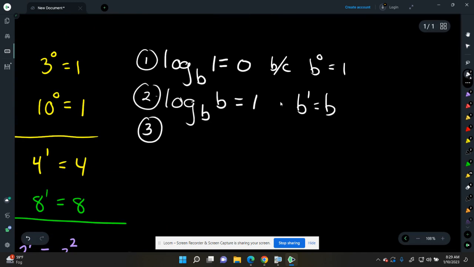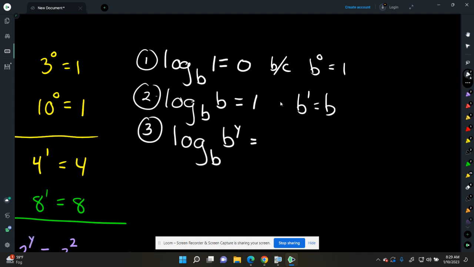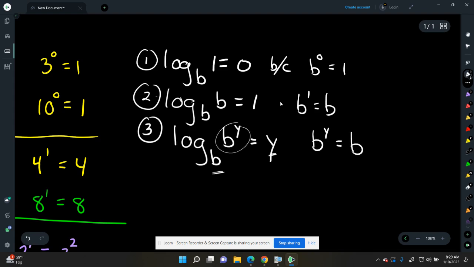Log base b of b to the y equals y, because if I use my exponential form, b to the y equals b to the y. That seems obvious, but it only seems obvious now because we know it.